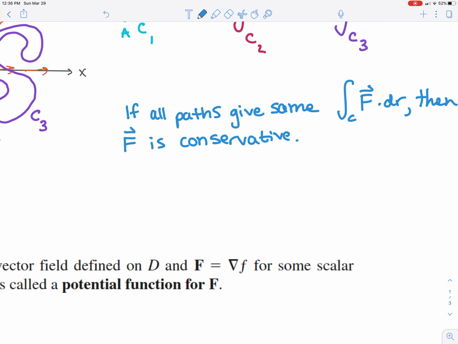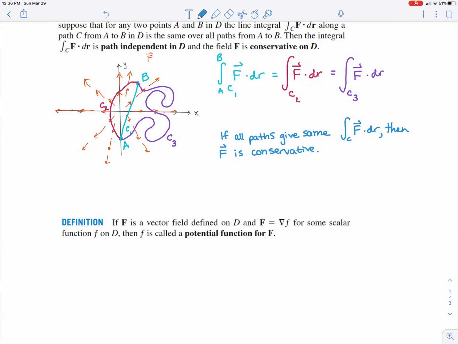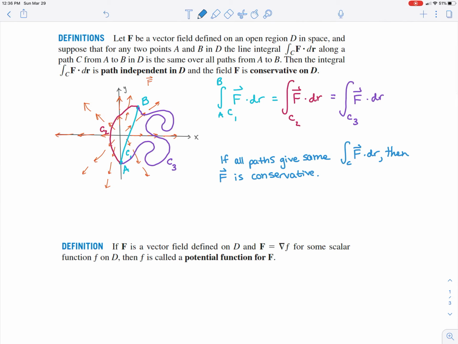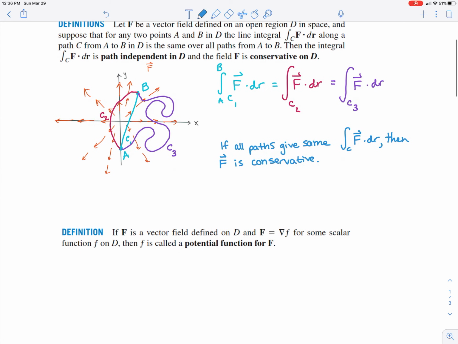So a conservative vector field is path independent, which means that if you know you have a conservative vector field, then it does not matter the path you take to integrate through that specific vector field. And we're going to look at how you can tell if a vector field is conservative and some of the other ideas that come along with that here on the next page.